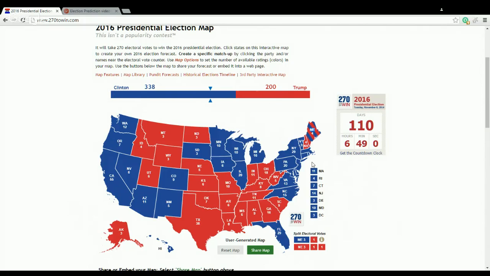But I've heard that Bernie voters would really like for Clinton to pick Elizabeth Warren because that's what they agree with. Elizabeth Warren has a very, very strict policy against the big banks. I think if she could have endorsed Sanders, she probably would have endorsed Sanders. But she's very close with Clinton. She's worked with Clinton, and I think that's why the endorsement occurred. But once again, 338 to 200.